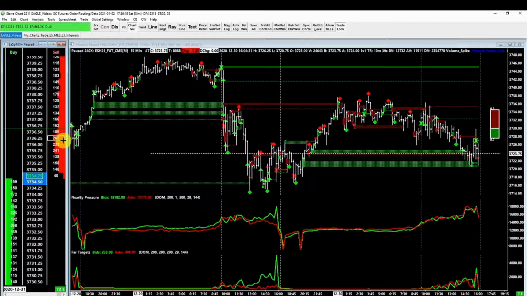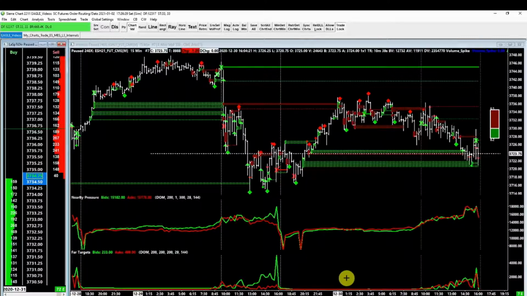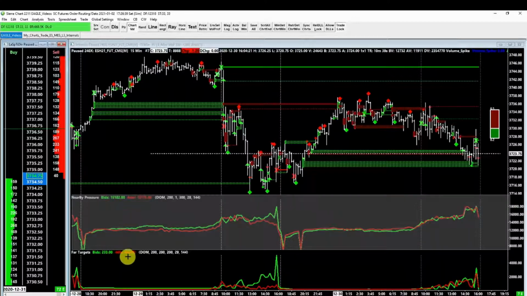The information conveyed from this study is displayed both as this vertical bar here and as the lines on the subgraphs down here. Let's take a look at the subgraphs. This subgraph is configured to inform us about the depth of market at levels relatively far from the current spread, and this subgraph tells us about the depth at levels more in the vicinity of the current spread.